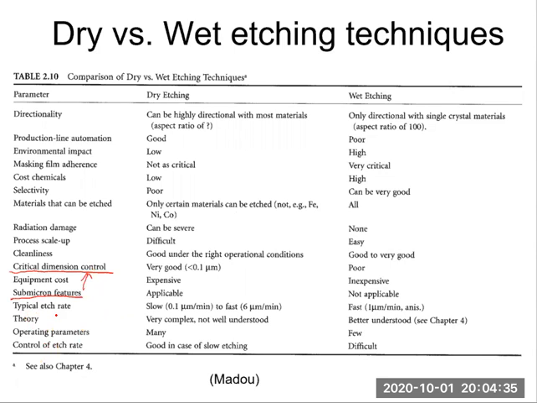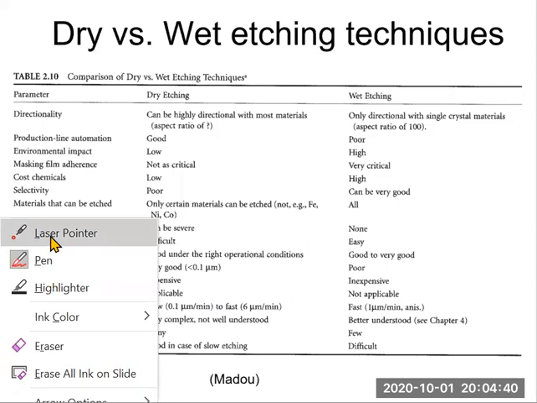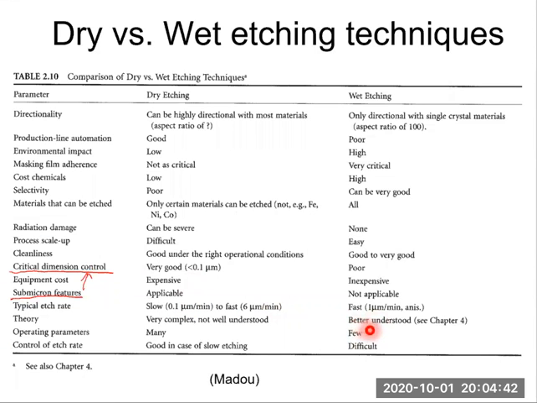Typical etch rate: slow to fast. Wet etching could be very fast. Theory: dry etching is very complicated and not well understood, while wet etching is better understood.